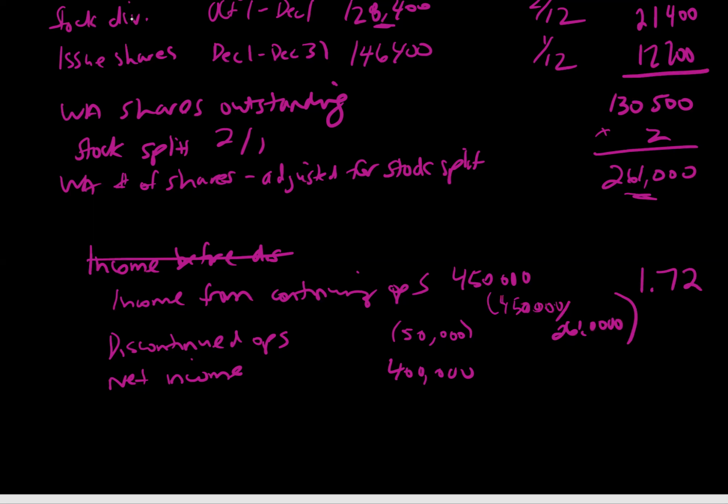Then we're going to have negative 50,000 divided by 261,000. And that's going to give us negative 19 cents, a loss of 19 cents per share because this is a loss. And then net income per share, which is going to be 400,000 divided by 261,000 weighted average shares, is going to give us $1.53. And this is what our financial statement section would look like, although likely a little bit neater.